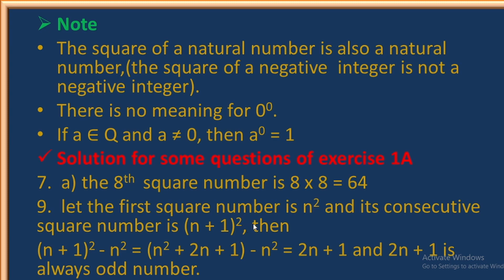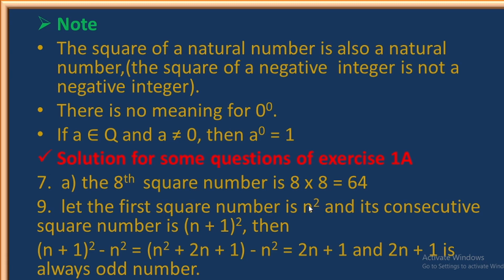The difference between 2 and 3 is 1, so 2 and 3 are consecutive numbers. Consecutive means there is no gap, there is no other integer between them, or their difference is always 1.